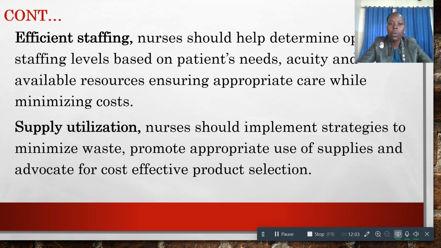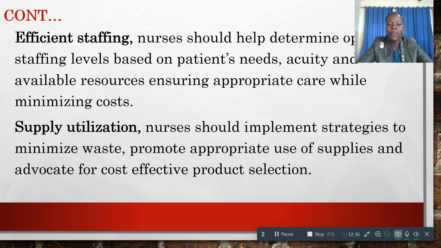So, we nurses can also help in efficient staffing. How? For example, you are at a facility doing what you're supposed to do. It is easy for you, a nurse in that department, to identify the gaps or how many people you might need at that facility to help you out with the work, depending on the patient's needs, the acuity, and also availability of resources.